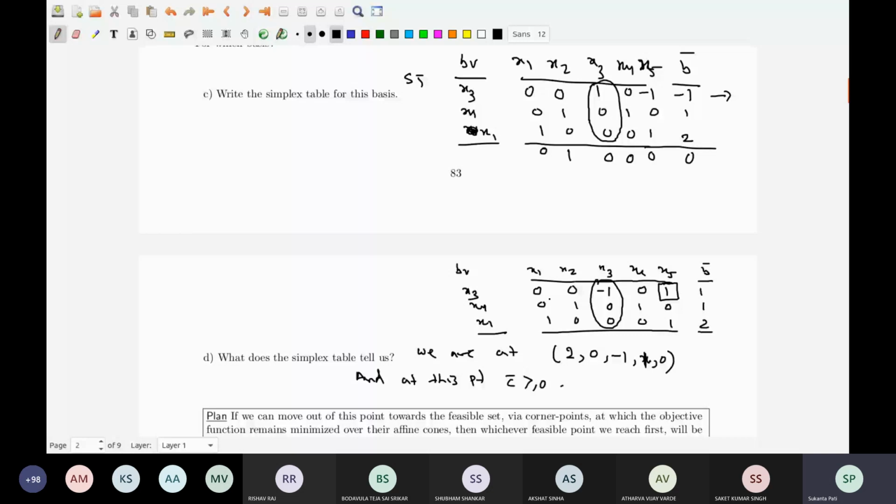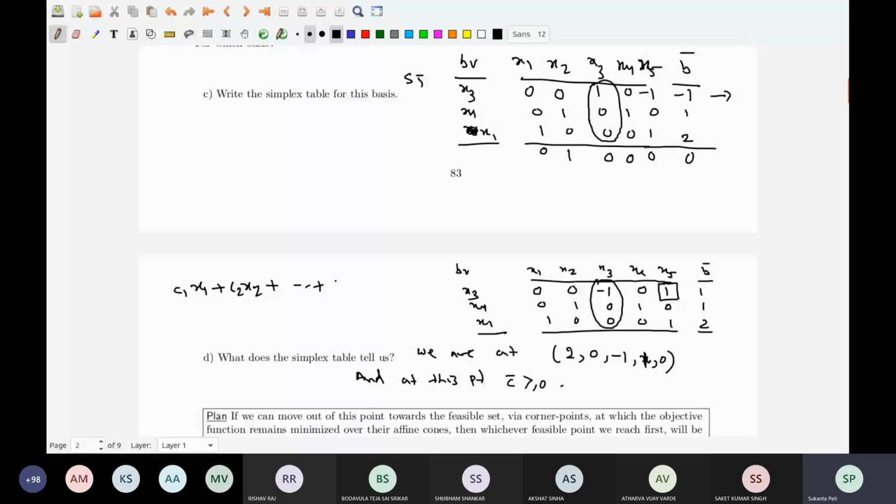That is not possible. If somebody takes c1 times x1 plus c2 times x2, every coefficient is less than or equal to 0, and x1, x2, x5 are greater than or equal to 0, and somehow this turns out to be 1, that is not possible.